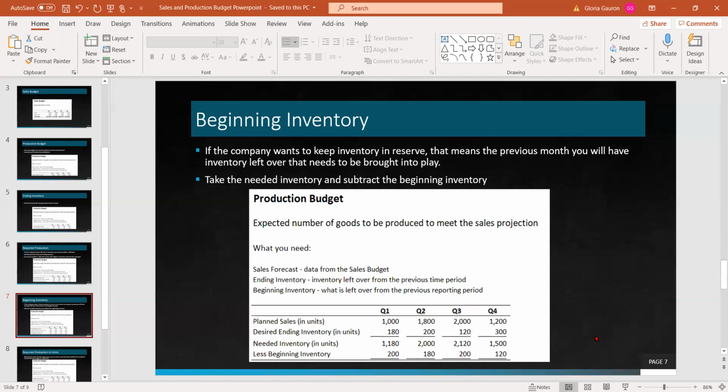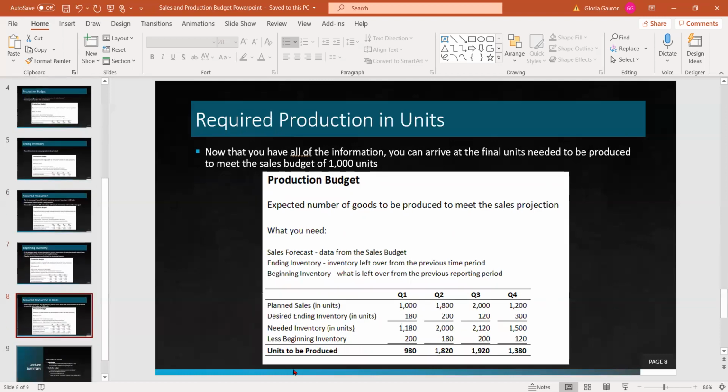Add those two together, and that's the needed inventory. But before I get to the final figure, I want to make sure that I account for the inventory that I already have in stock. So once I have that number, I then reduce that beginning inventory from the needed inventory. And it shows that the units that I need to produce are 980, 1,820, 1,920, and 1,380.